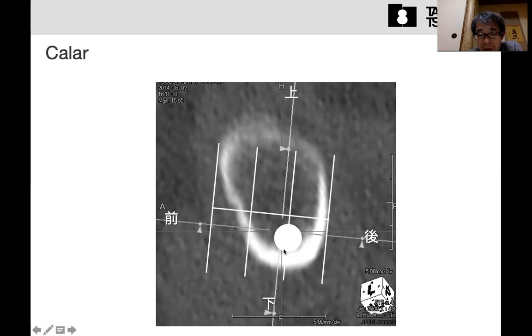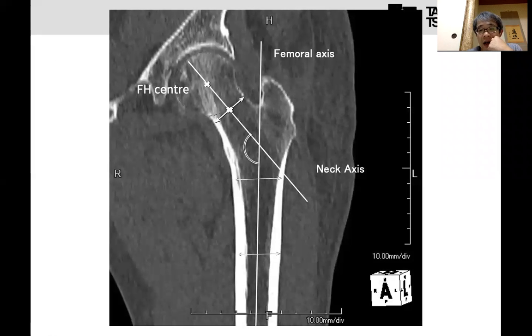So this bottom of the femoral neck is approximately the posterior third of the total width of the femoral neck. So I measured the morphology of the femoral head using 3D CT.